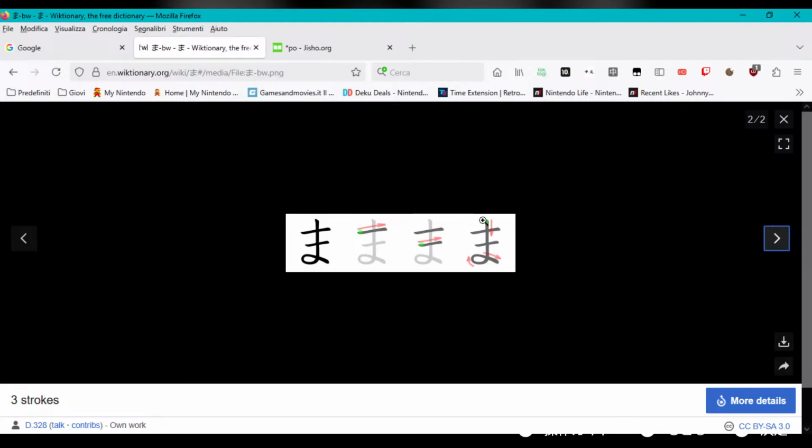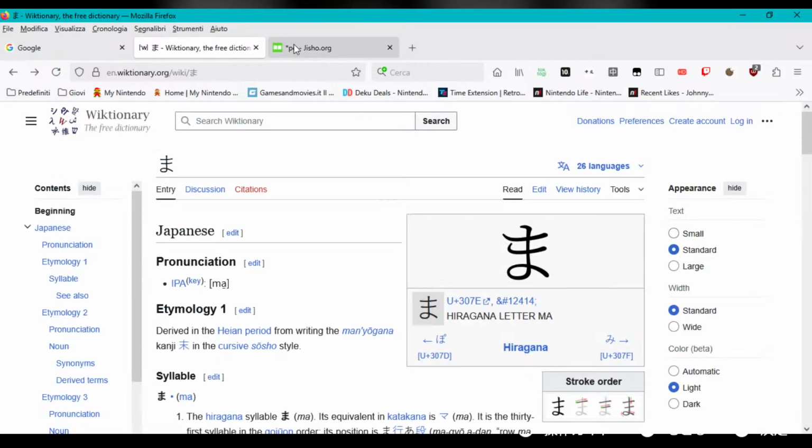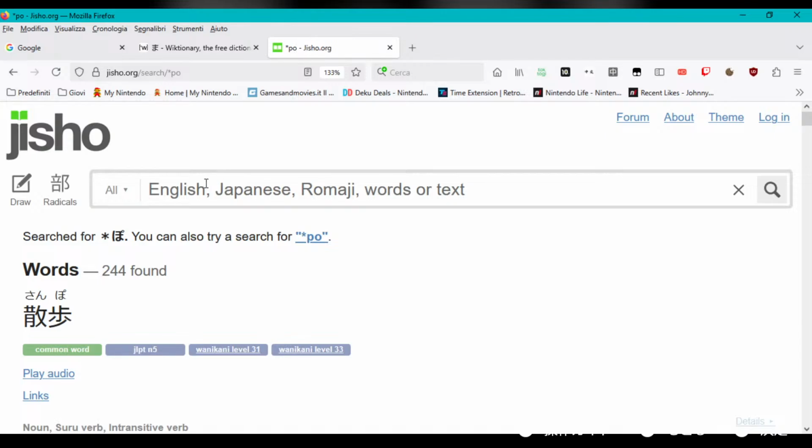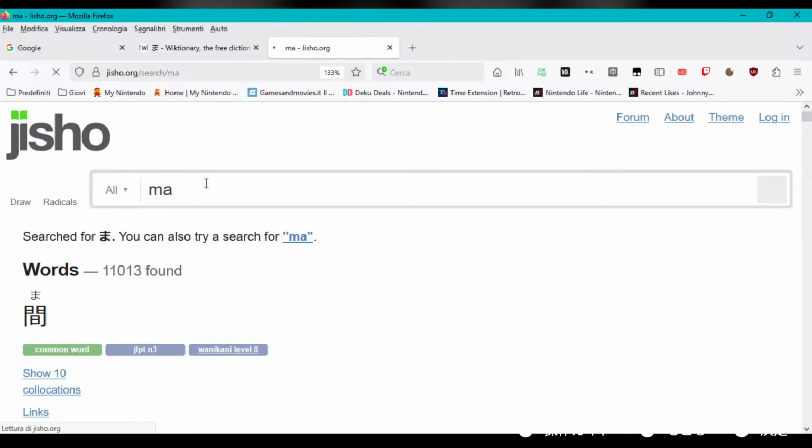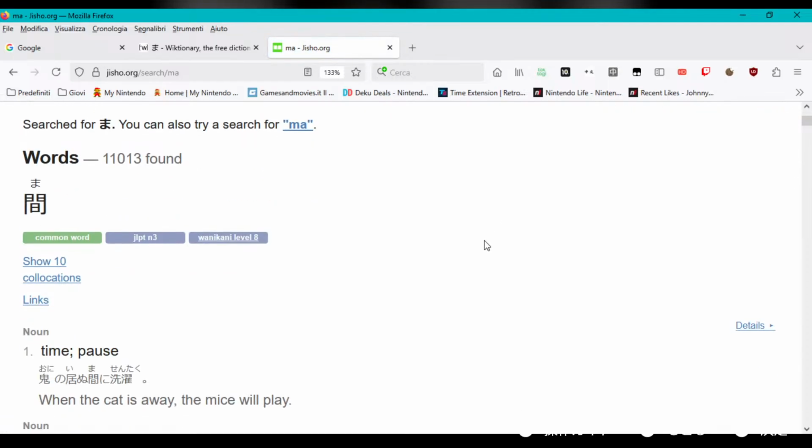Usually there aren't all those serifs. Left to right, top to bottom with the circle. Okay. We can see some words with ma. Let's see. Simply by searching ma, we can find ma.